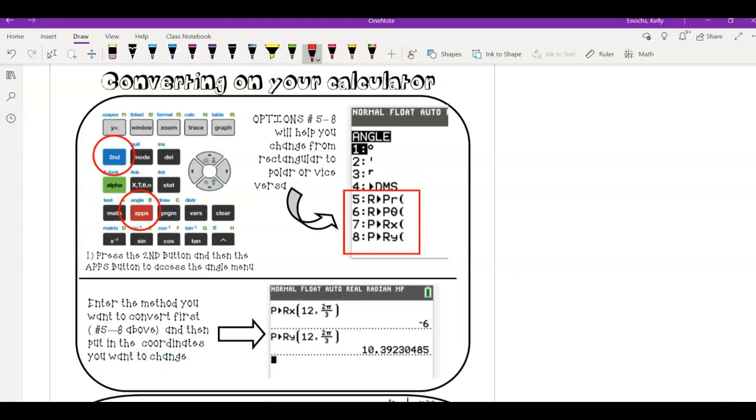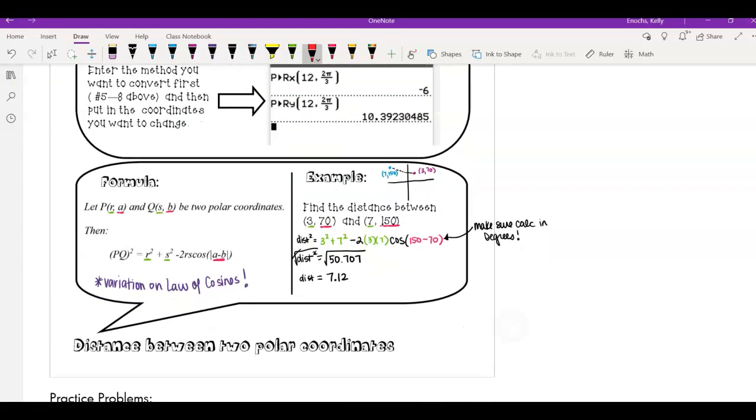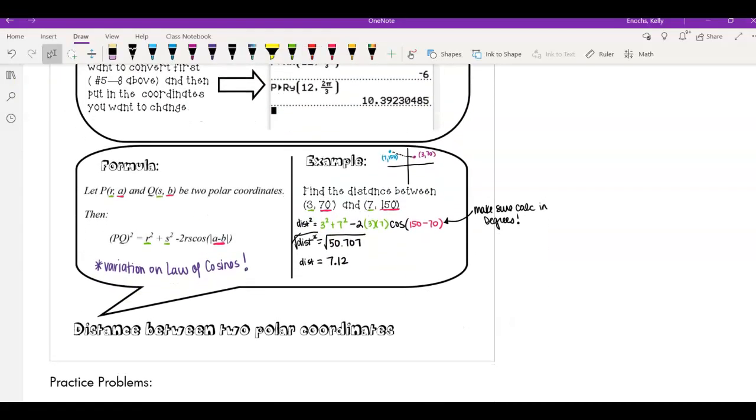All right. So let's go through then and find our distance between our two polar coordinates. If we are finding rectangular coordinates, you did the distance formula a long time ago in geometry, in algebra 2. We're going to do the distance between two polar coordinates. And the distance formula for between two polar coordinates is a variation on law of cosines.